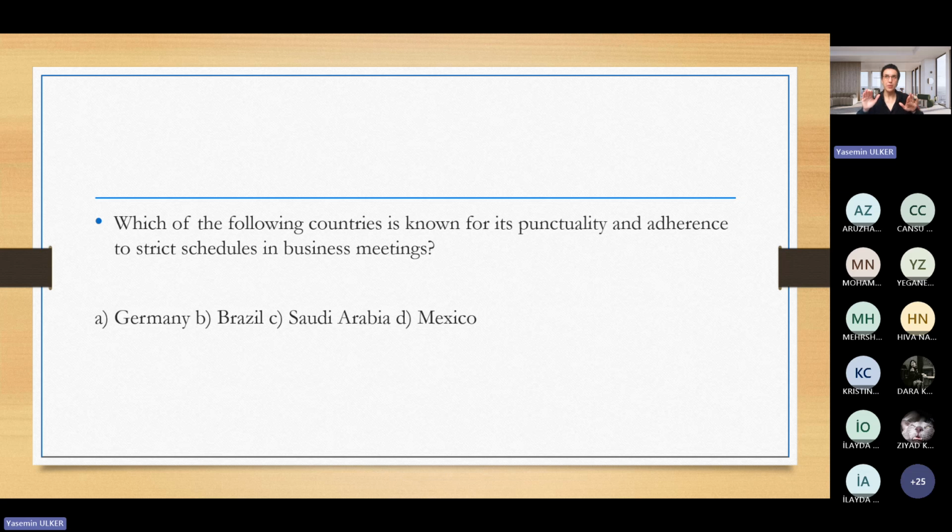Punctuality. In Germany, it's very strict. You have to be punctual. In Turkey, 5-10 minutes is still accepted. People can understand, especially if you live in Istanbul. But if you are late in meetings more than 15 minutes, it's approached as disrespectful. So this changes from country to country.